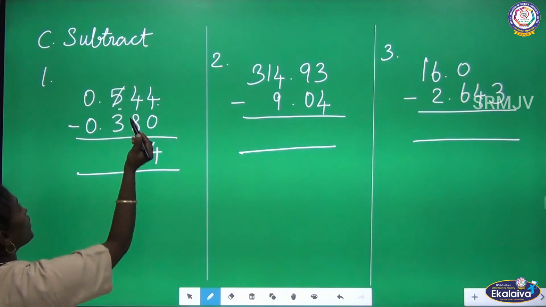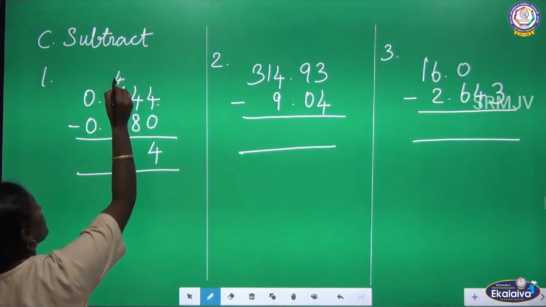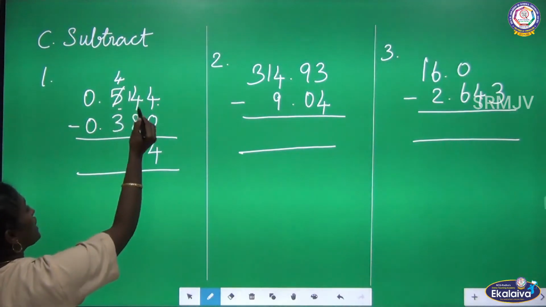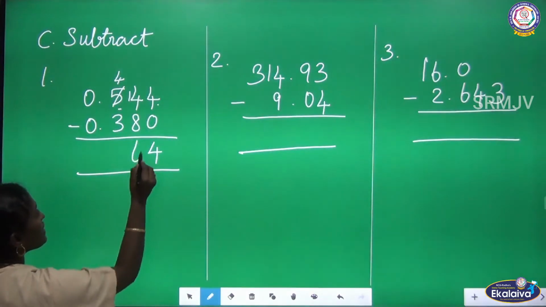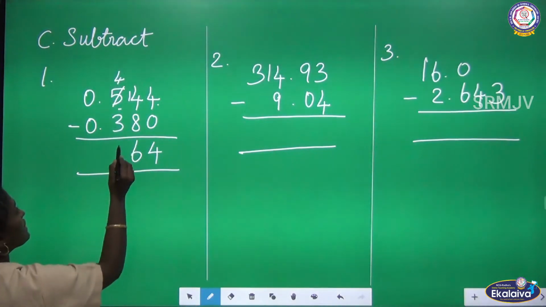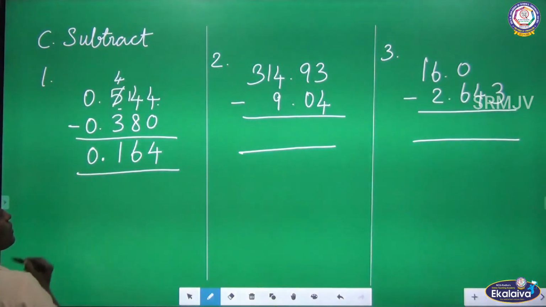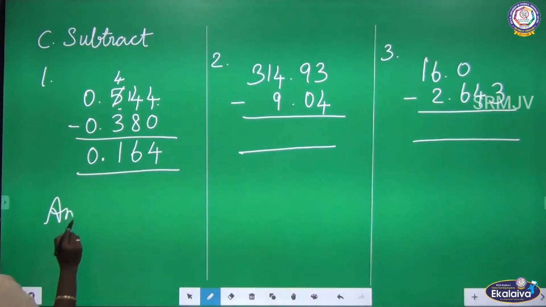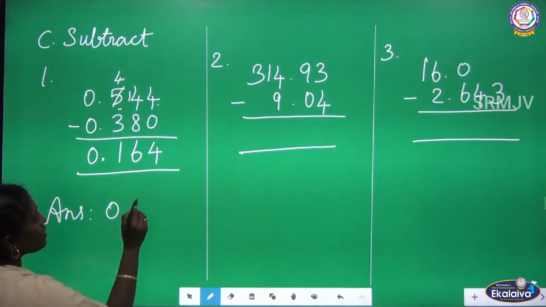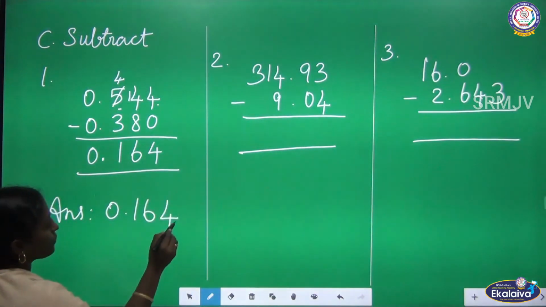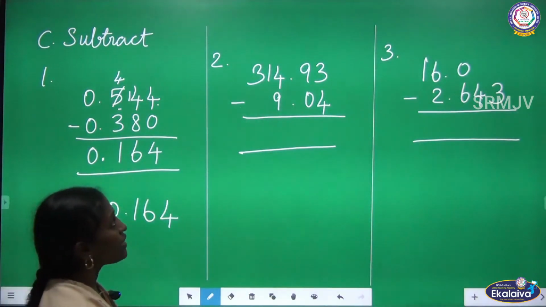So we have to borrow from the next number. 5 will become 4. 4 will become 14. 14 minus 8, 6. 4 minus 3, 1. Then we have to keep the decimal point. Whole number part is 0. So the answer is 0.164. Okay.